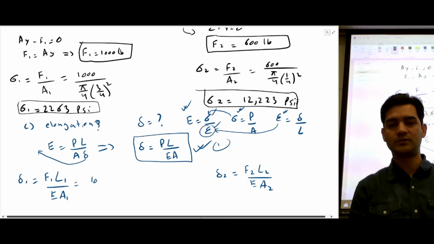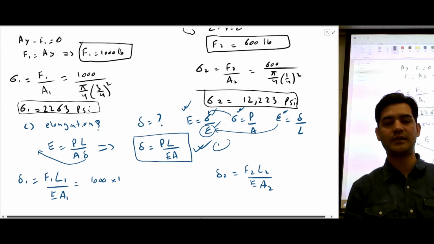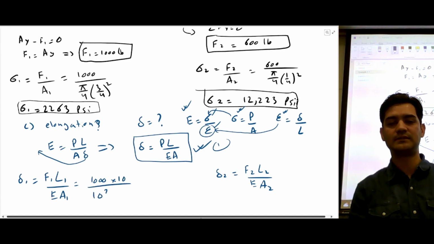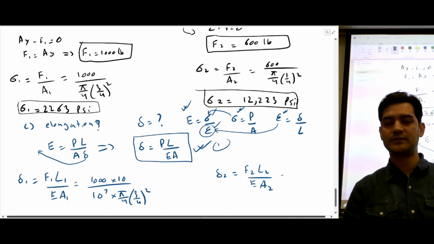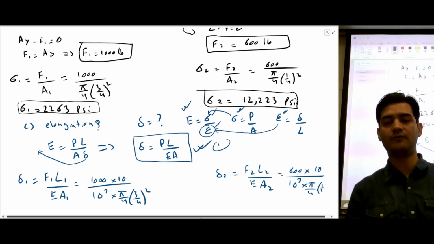F1 in our case was 1000, length is 10, modulus of elasticity is 10 to the power 7, area is pi by 4, 3 by 4 whole square. Force is 600, length is 10, modulus of elasticity is 10 to the power 7, area is pi by 4, 1 by 4 whole square.